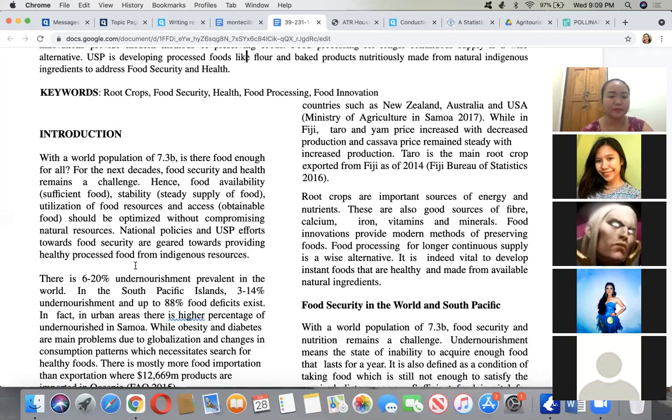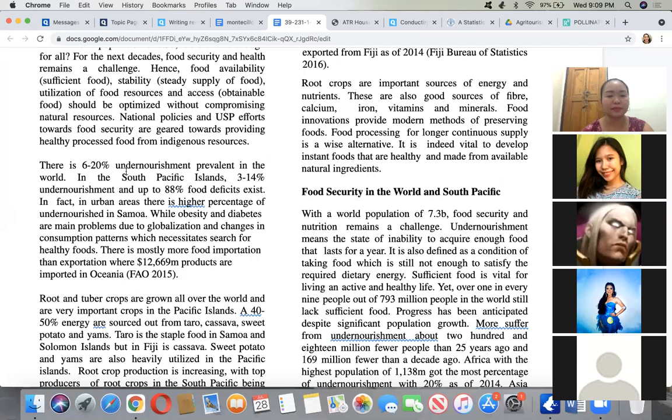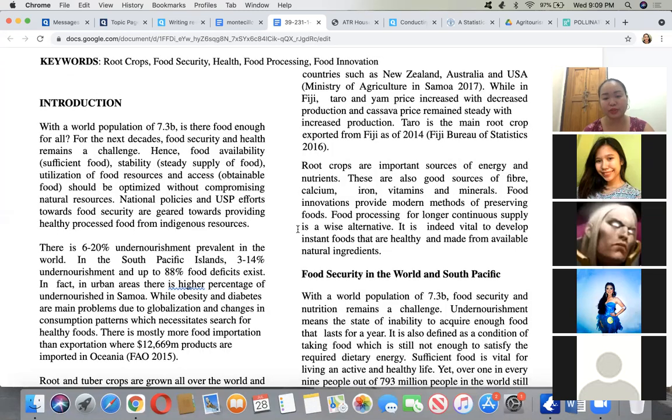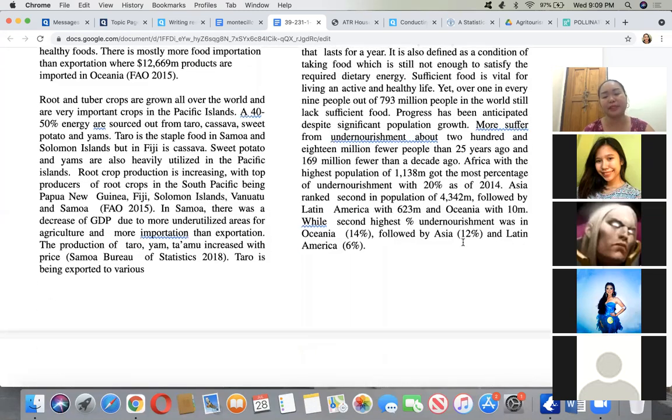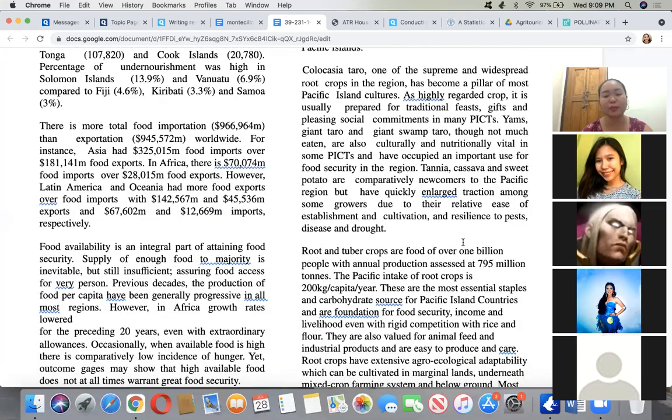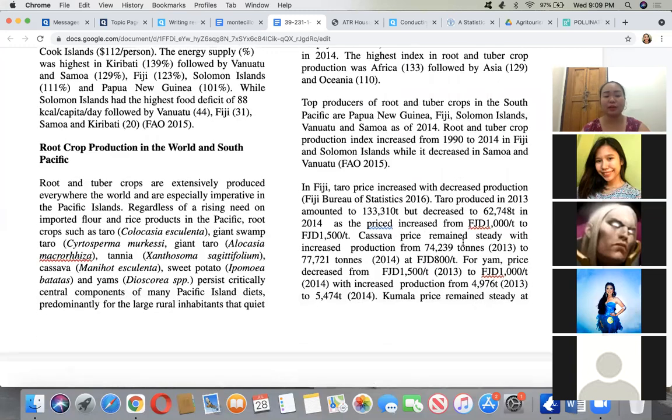And you have to show data or evidence that there is really a problem. And then, what is your solution? What is your plan? What's the next thing you're going to make? And those subtopics are the data or information that you want to present in your review paper.